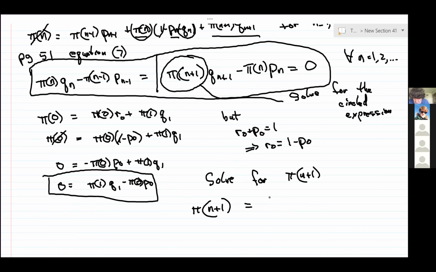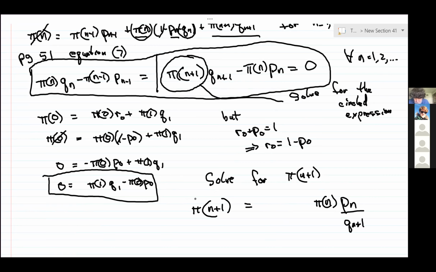So that'll be pi n, Pn. All right, so I move the second term here to the right and then divide by this thing. So you'll have something that looks like Qn plus 1.